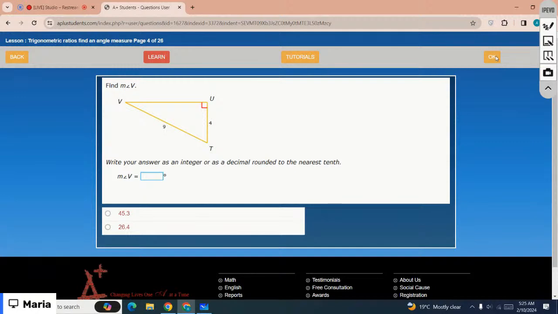You have to evaluate sine of angle V, right? That is 4 over 9, which is 0.444. Sine inverse 0.44, that is 26.4. 26.4 is the correct option. Got it?